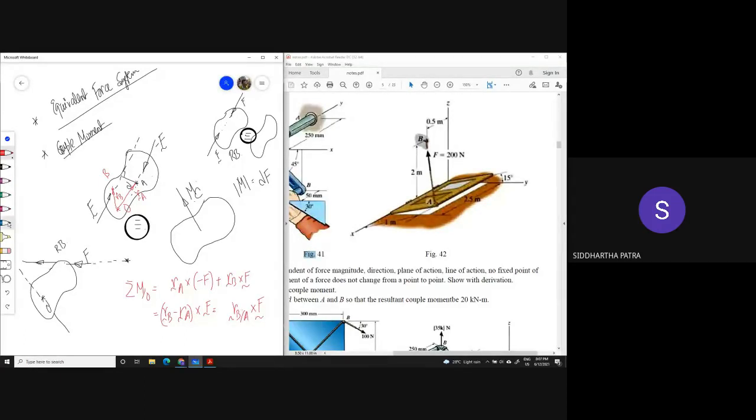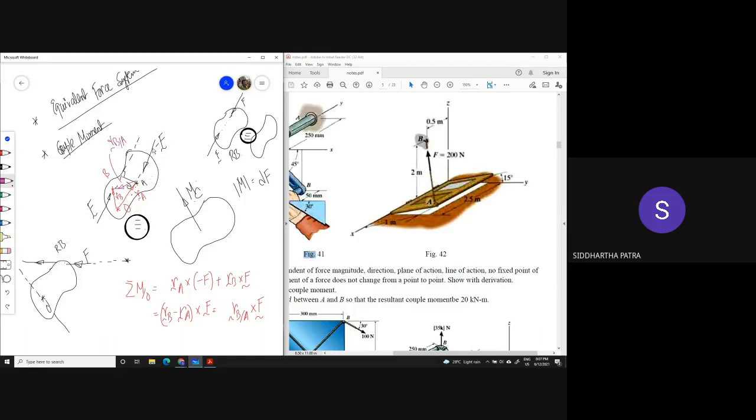Now, RB cross F is, sorry, RBA. So this vector is RBA, the position vector of B with respect to A, cross F, which is also the moment due to the force F with respect to A. And how much is the moment due to this minus F with respect to A?